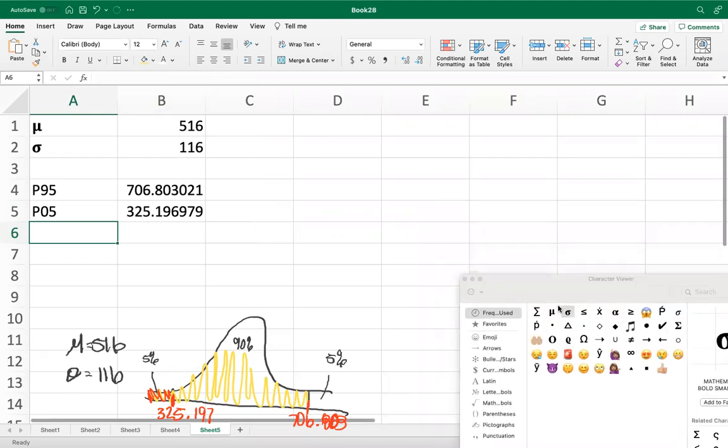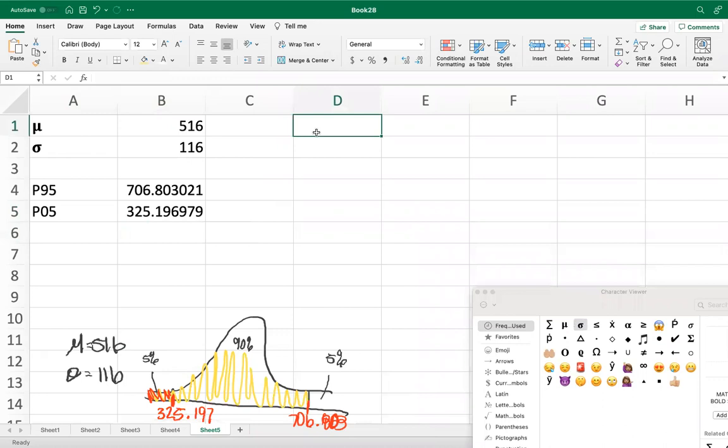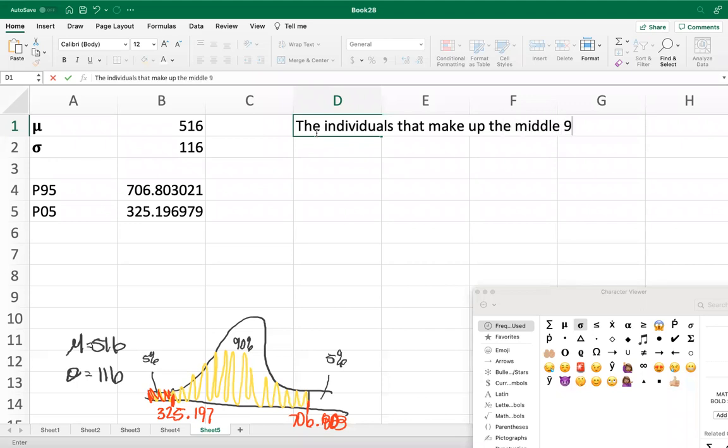So now for our interpretation of this problem, the individuals that make up the middle 90% of the data scored between 325.197 and 706.803.